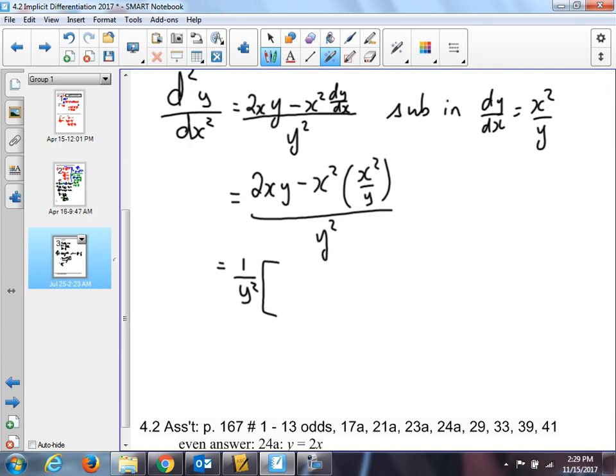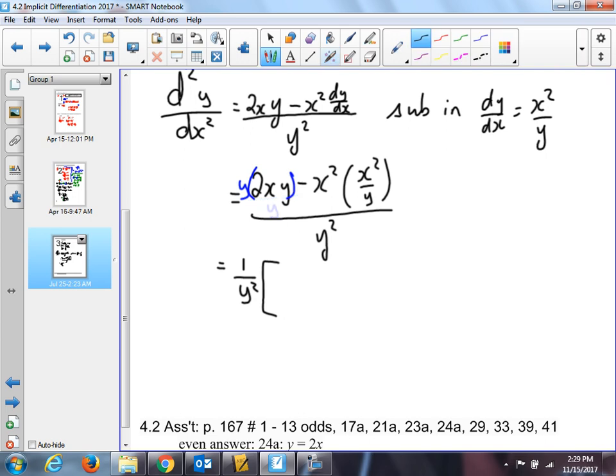So, multiply by y, top and bottom of the 2xy. I was going to pull out a common factor of x right now, but I was thinking, no, your head will explode. So what I'm going to do is multiply by y here and multiply by y here. Do you follow that? So, what do we get?